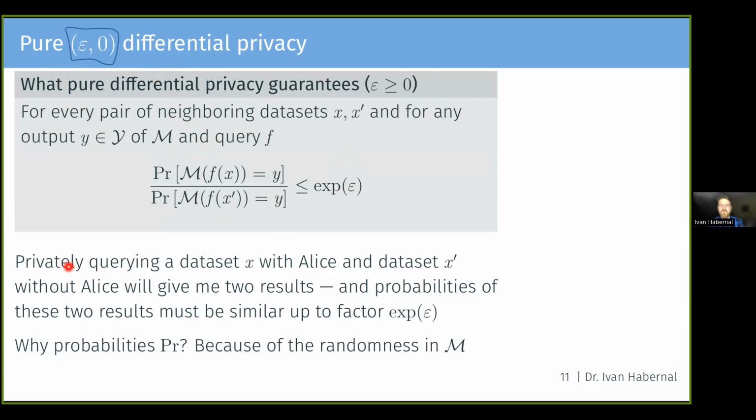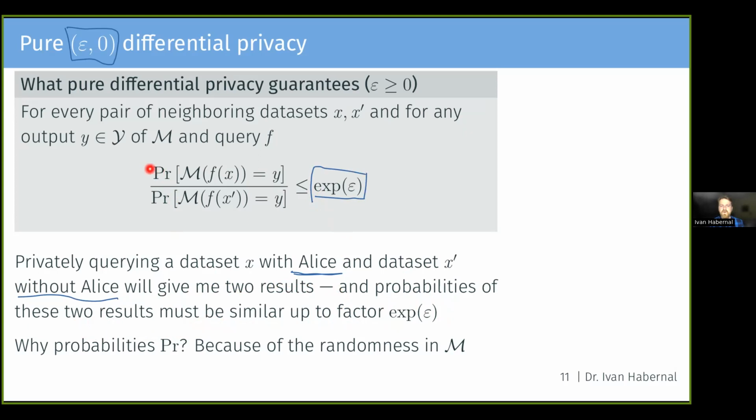Basically, privately querying a data set X, where with LEs, so this is one of the examples of the data sets, we have LEs in there, and data set X prime, where there is no LEs in there, this neighboring data set, it will give me 2 results, right? So maybe the counting query will be different. Probabilities of these 2 results must be similar up to this factor e to the epsilon.